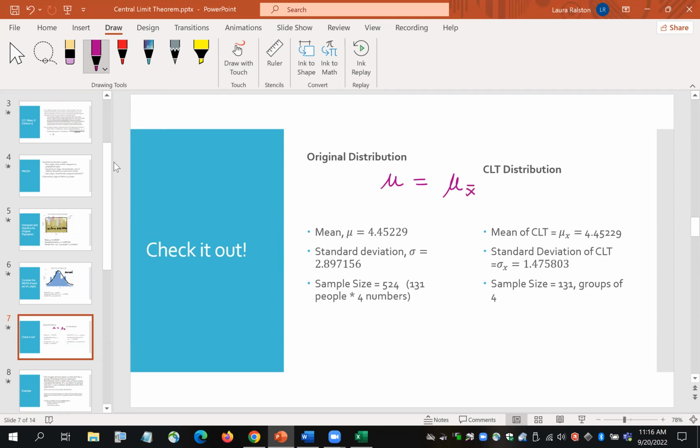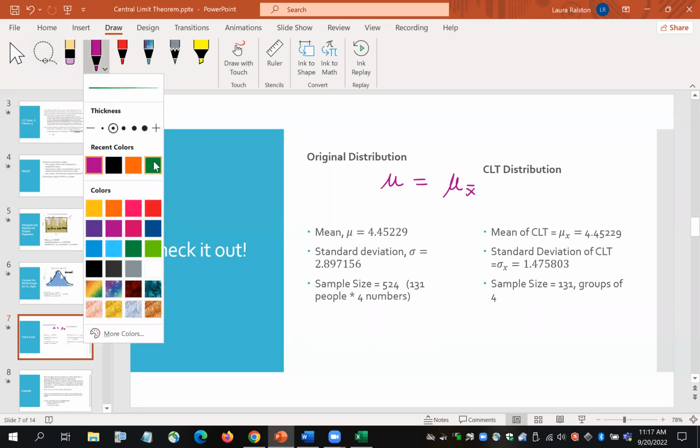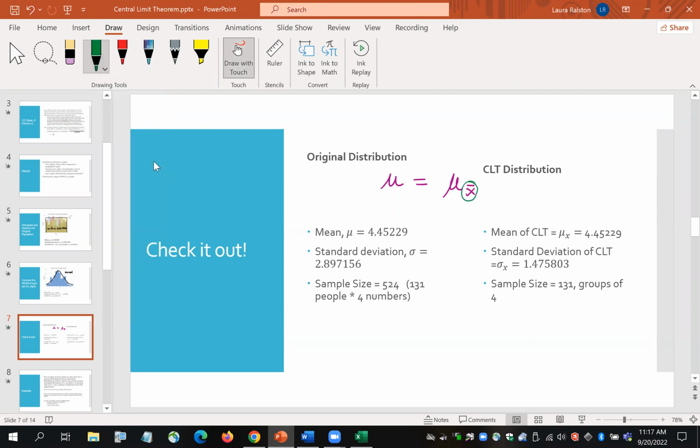And we have to change the notation slightly so we know whether we're talking about the original distribution or the central limit theorem distribution. The central limit theorem distribution, to distinguish it from the original, we use a little subscript of X bar because we're using the mean. It's kind of like the mean of the means.